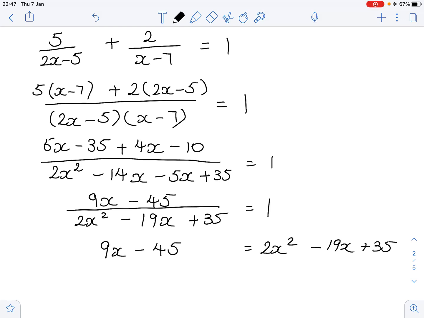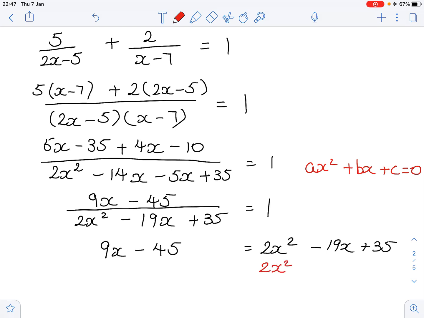Now it is a quadratic equation which we can solve. Remember, it's something we learned from last lesson. To solve a quadratic equation, we need to make our equation look like this format: ax squared plus bx plus c equals 0. So let's rearrange to make our equation like this format.